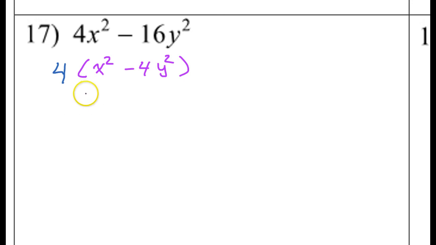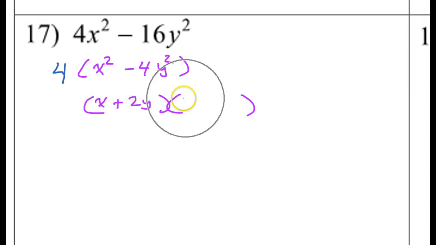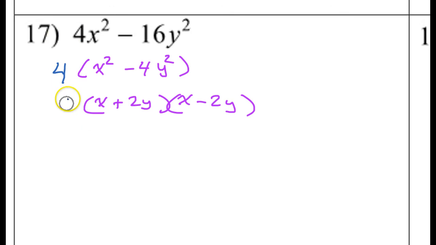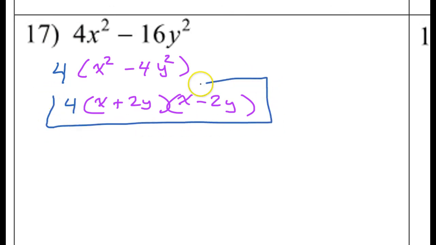So that means I can factor this further using the difference of squares pattern. So this is going to be x plus 2y times x minus 2y. Don't forget to bring down your GCF of 4, and this will be the final answer.